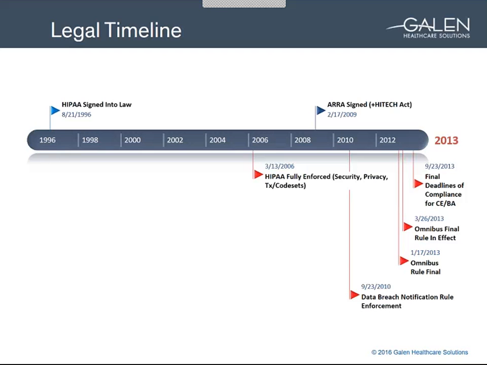It took nearly a decade for most of the elements of HIPAA to actually start being enforced, things like the security and privacy rules, and other elements more related to the core purpose of HIPAA, which was actually portability of insurance across things like state lines. But it took nearly a decade for any of that to really start coming into place in terms of enforcement.